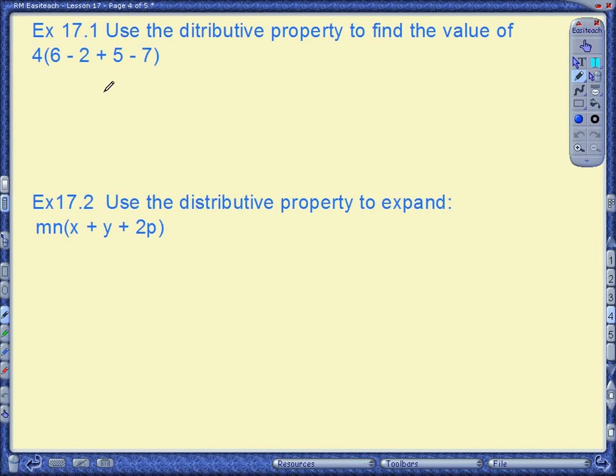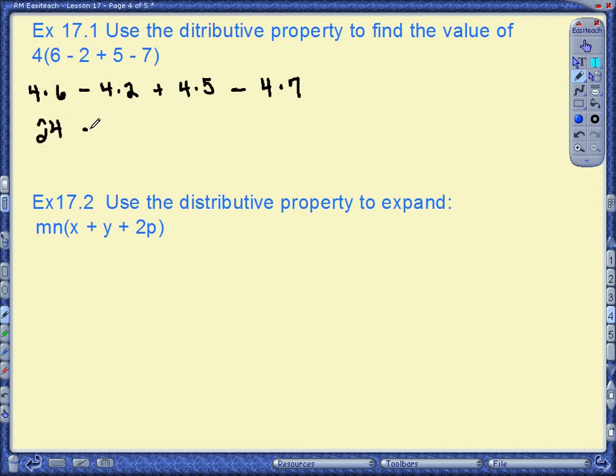So we're going to use the distributive property here to do this. I'm going to multiply the 4 by the 6. I'm going to subtract the 4 times the 2. I'm going to multiply the 4 times the 5 and add that product, and then I'm going to subtract the 4 times the 7.